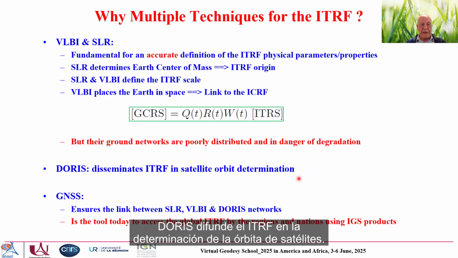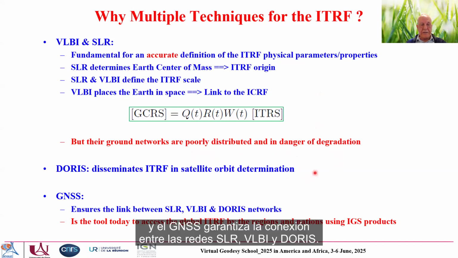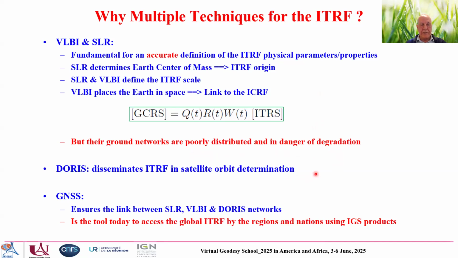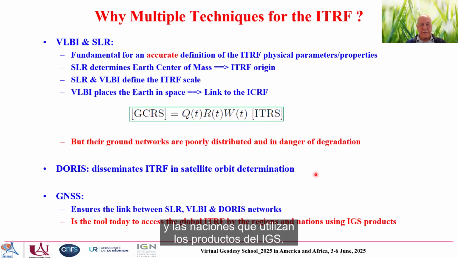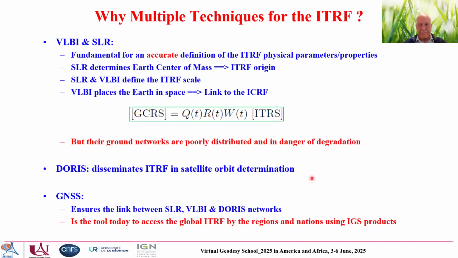DORIS disseminates the ITRF in satellite orbit determination, and GNSS ensures the link between SLR, VLBI, and DORIS networks. GNSS is also the tool today to access the global ITRF by regions and nations using IGS products.